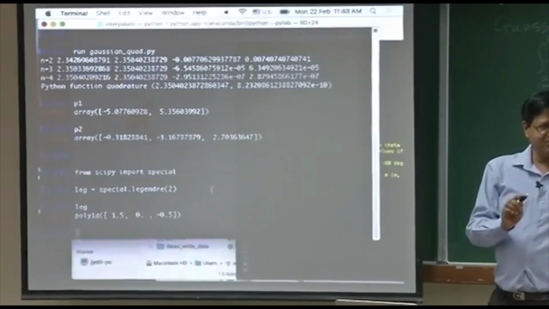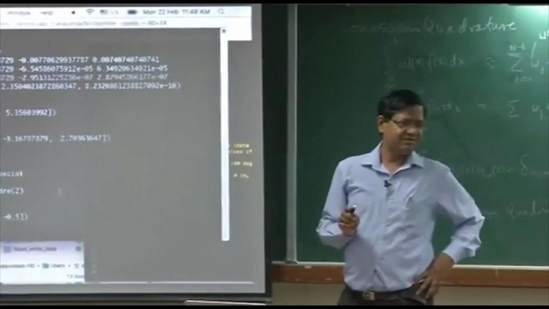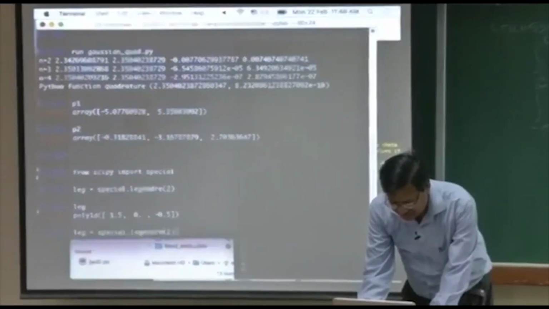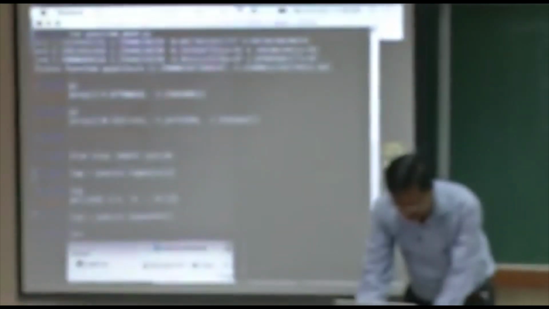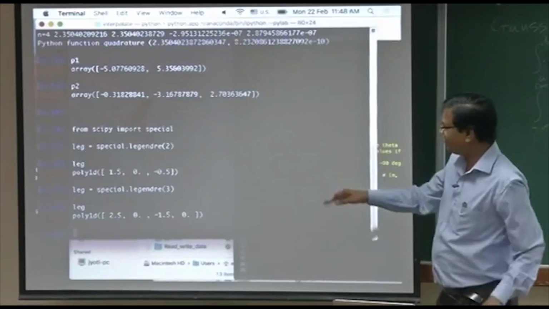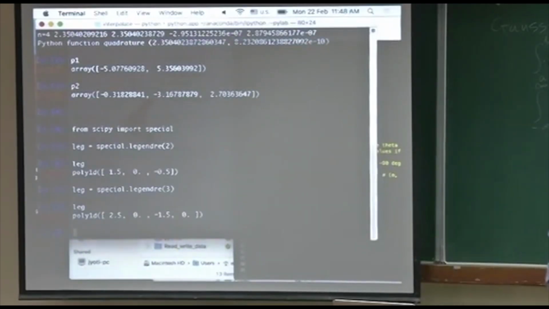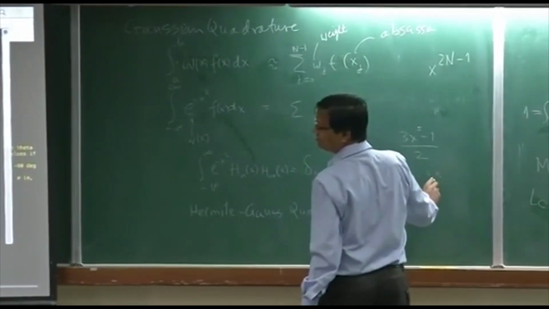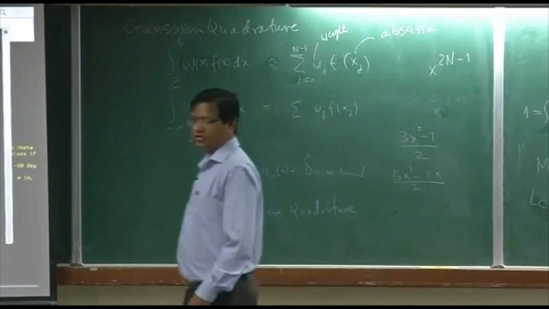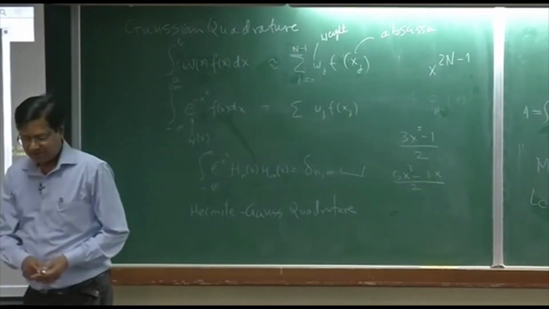So 1.5 x squared minus half. We can do for odd, so Legendre, let us say 3, so it gives you 5x cubed minus 3x by 2. Okay. So this is what I did here.